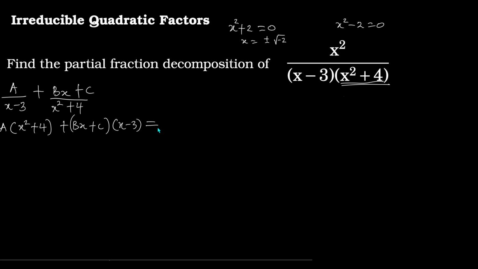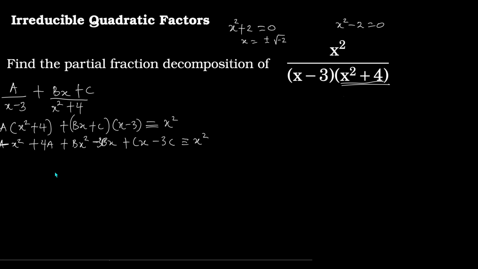So we have to expand here: Ax squared plus 4A plus Bx squared minus 3Bx plus Cx minus 3C.